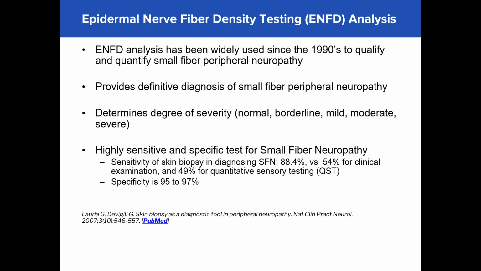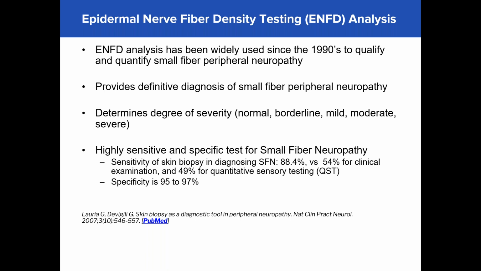It does provide a definitive diagnosis of small fiber peripheral neuropathy, and because it qualifies the quality of the nerves, it's able to tell you the degree of severity of the neuropathy, whether borderline, mild, moderate, severe, or completely normal. This is important because once you start treatment, you want something to base it on.